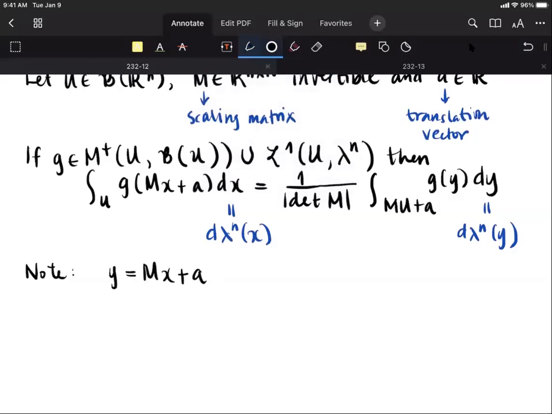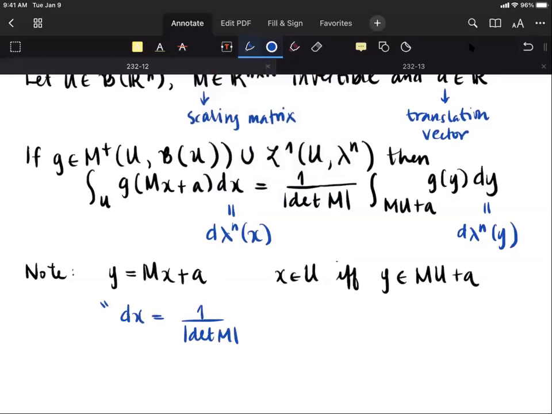So y here is equal to Mx plus A, and therefore x is in U if and only if y is in MU plus A. And if you put this on this side, working on differentials loosely, dx is equal to 1 over the determinant of M dy, loosely speaking.